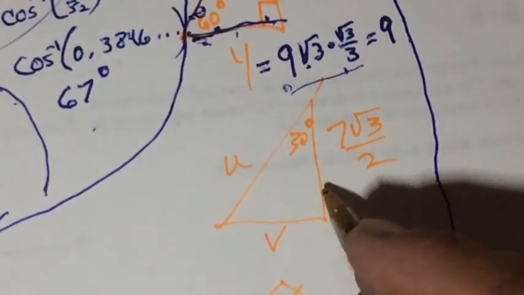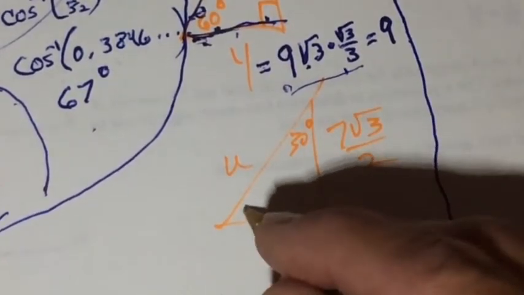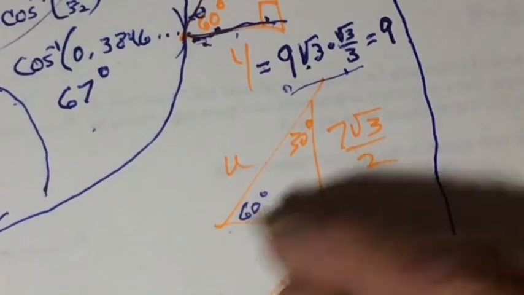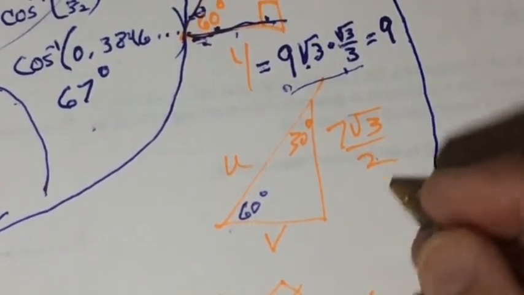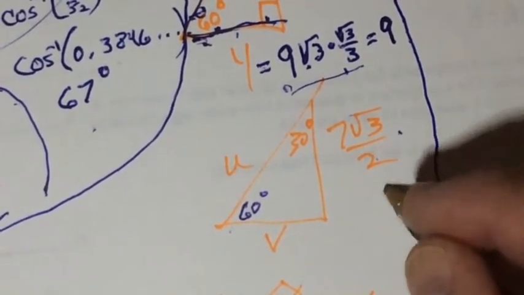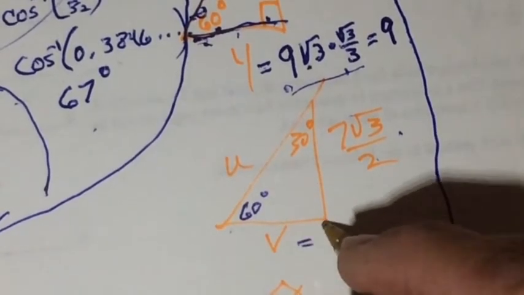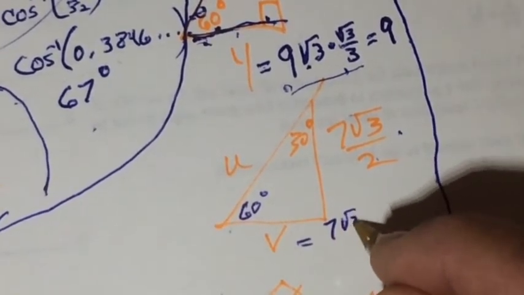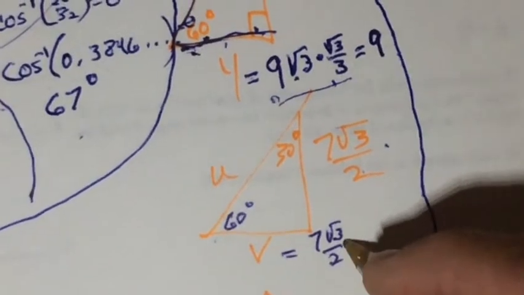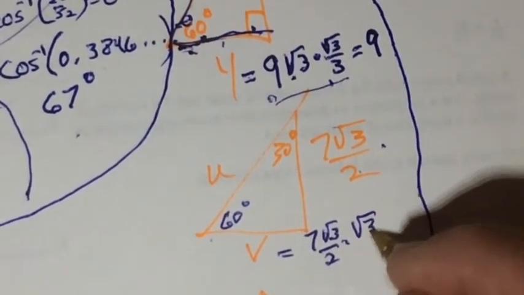Here, looks like we've got that same thing. This is the 60-degree angle. This is the side across from the 60-degree angle. So in order to find out what this is, we have to take that number and multiply it by square root of 3 over 3.